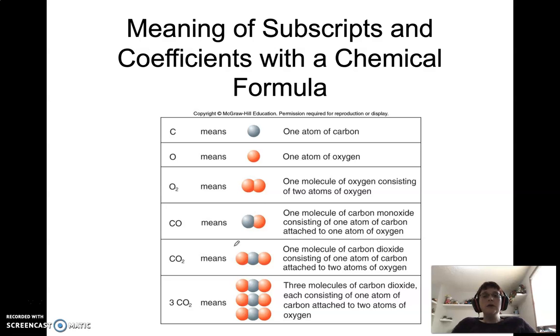And CO2 gives us 2 oxygen with a carbon. That's why we can't add the subscript here, different molecule. But if we put the coefficient in front, that means that we have 3 CO2s. So we have 3 of this molecule instead. And so that's why we can use these coefficients to help us balance an equation.